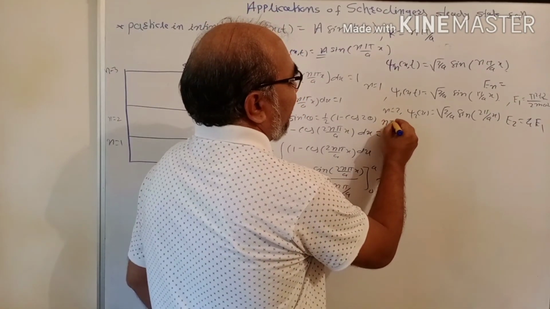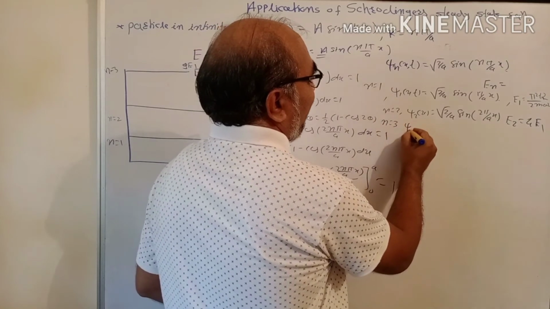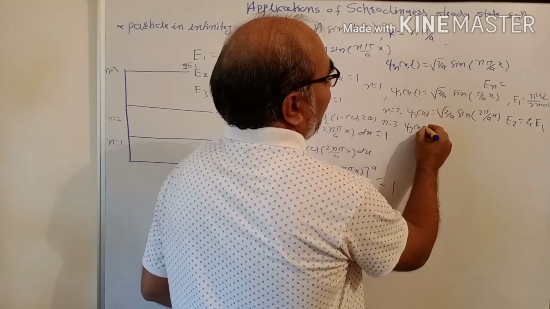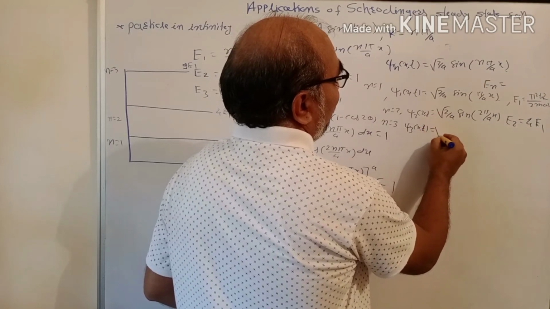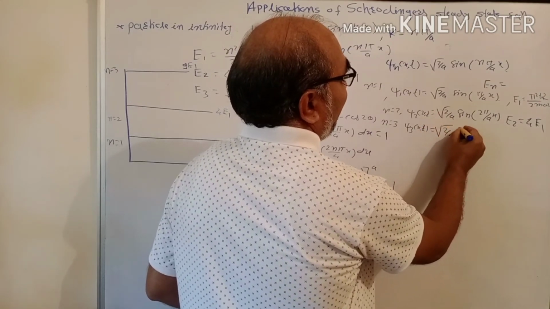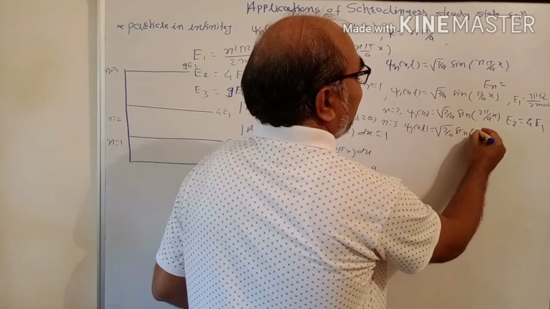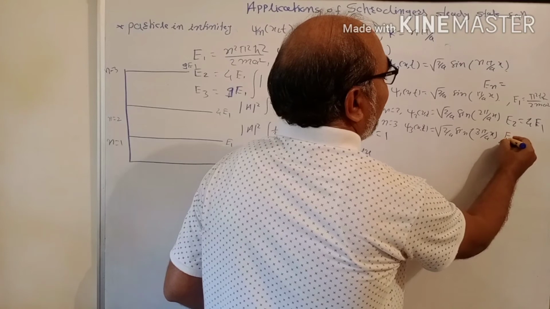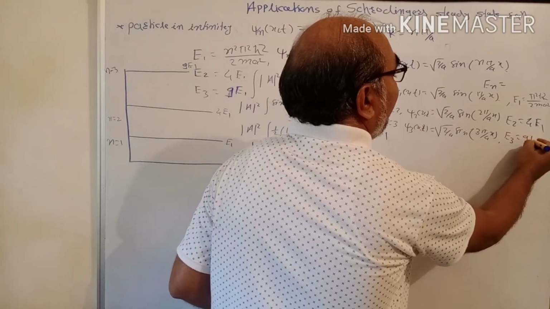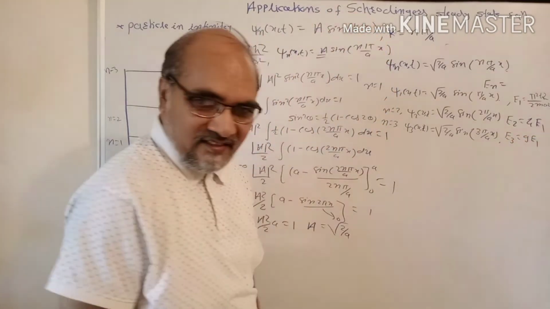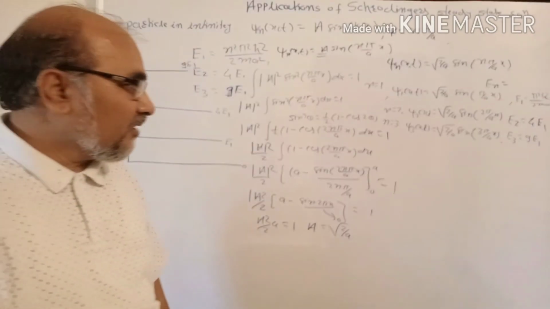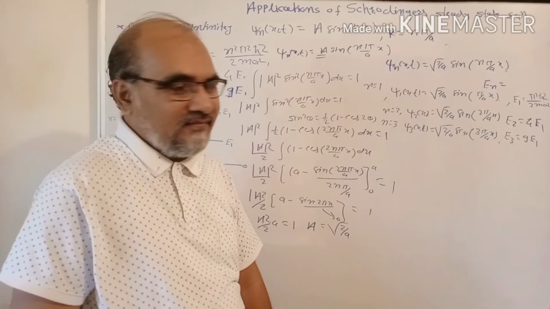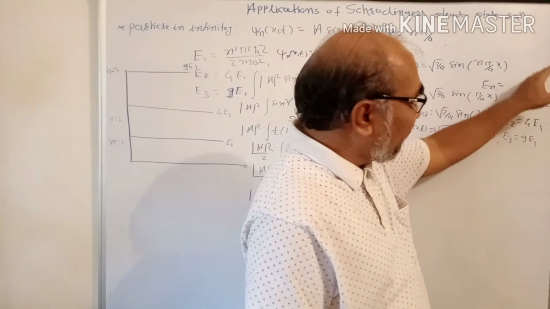Now n equal to 3: psi 3 of x is equal to root 2 by a sin 3 pi by a x, and E3 is equal to 9E1. These are the different states, and these are the corresponding eigenenergies.